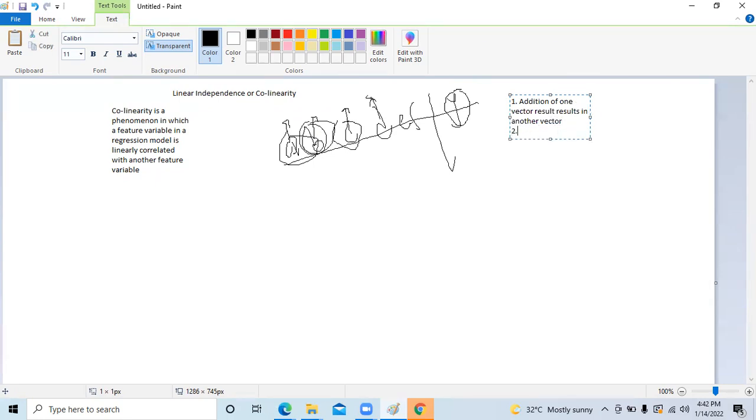Or two, if one of the constants is non-zero, then we have collinearity or linear dependence.